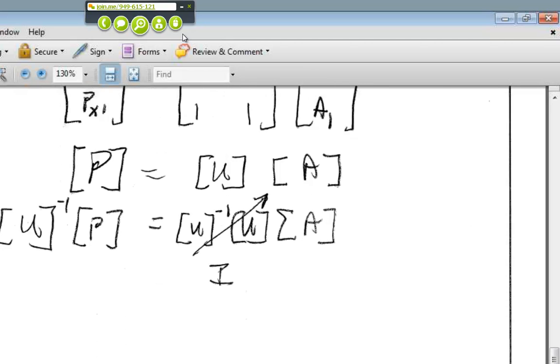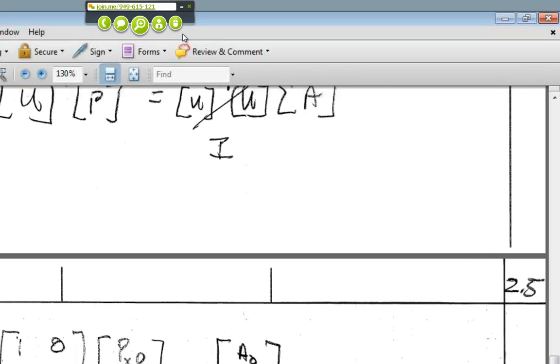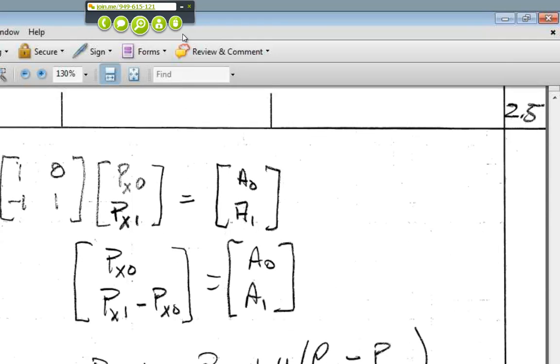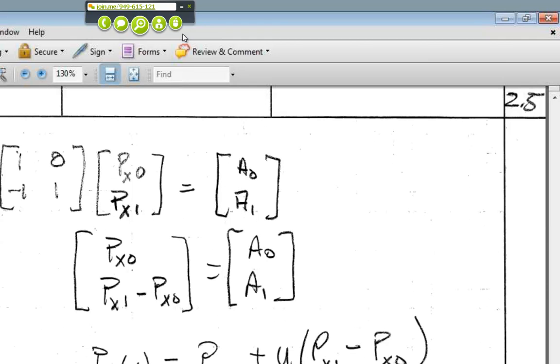So now what we're going to do, well, I forgot I worked it out. So we took the inverse, we multiply it, and we get P0, 0, equal to A0, equal to A1.